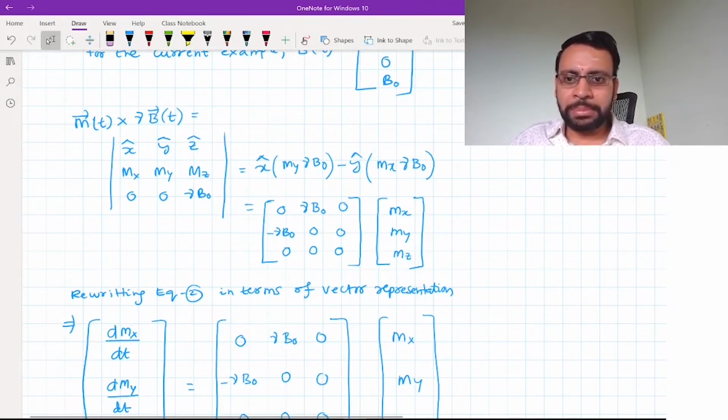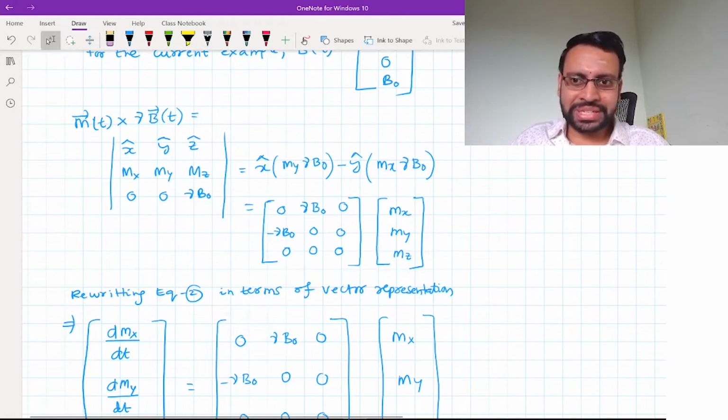So basically Mx is something which is there in the direction of x, right? So that you could now rewrite as shown here. So this cross product is equivalent to gamma times B naught into M, okay. That's what you have here.